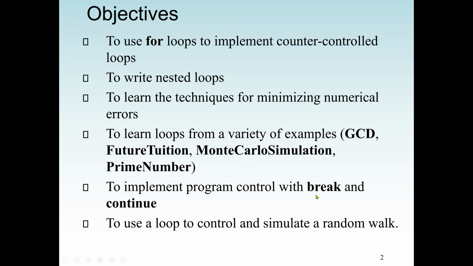And also, we're going to learn how to use the break and continue keywords in any loop. It can be a while loop or a for loop. A break means, if the condition is true, normally we write a break, we check a condition. If the condition is true and we have a break, it means we are coming out of the loop, the loop will stop. Now, continue means if the condition is true, we are going to skip that execution, then we continue with the rest of the execution.